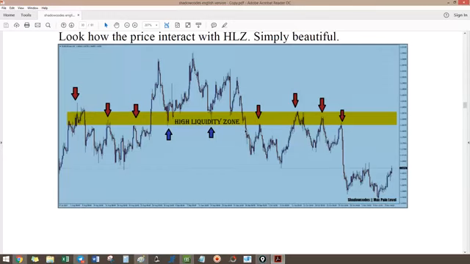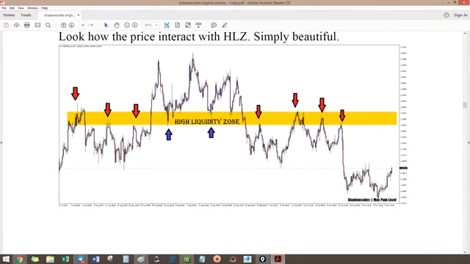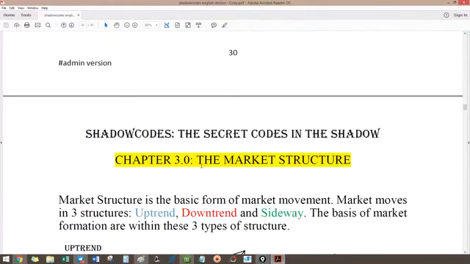You got a left shoulder here, you got the bull trap, and the head and the right shoulder. Over here it acts as a resistance. After it breaks, it acts as a support, and then after it gets broken, it acts as a resistance. So this is a very high liquidity zone.